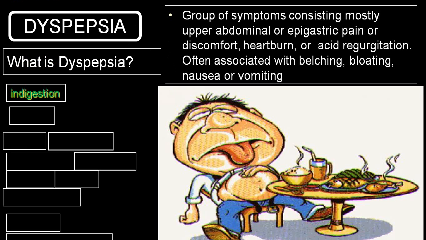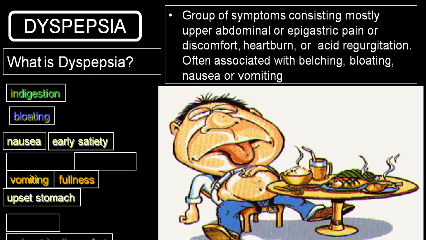Some of those symptoms: indigestion, which a layman will very commonly use, saying 'I am having indigestion to food', bloating sensation, early satiety, nausea, vomiting, epigastric discomfort, fullness, upset stomach, heartburn, that is burning pain in the retrosternal region, stomach ache, queasiness. These are the different ways in which the person will present to you. All these symptoms are included in dyspepsia.